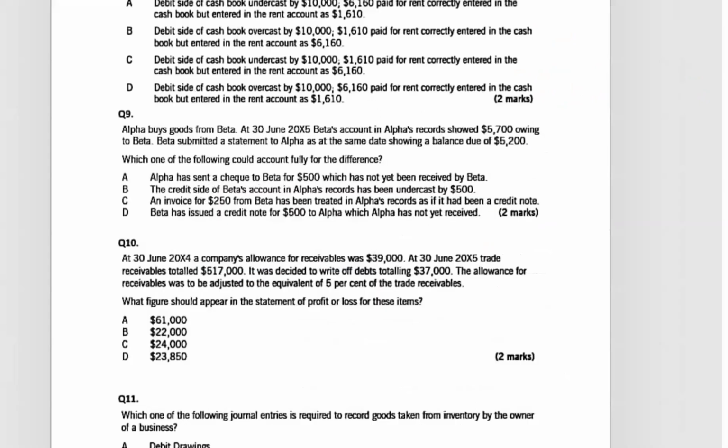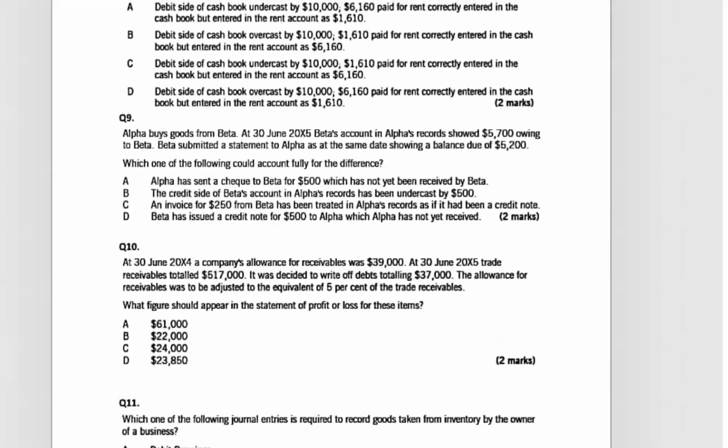Switch now. Question number 9. Alpha buys goods from Beta at 30 June 2015. Beta's account in Alpha's records showed 5,700 owing to Beta.